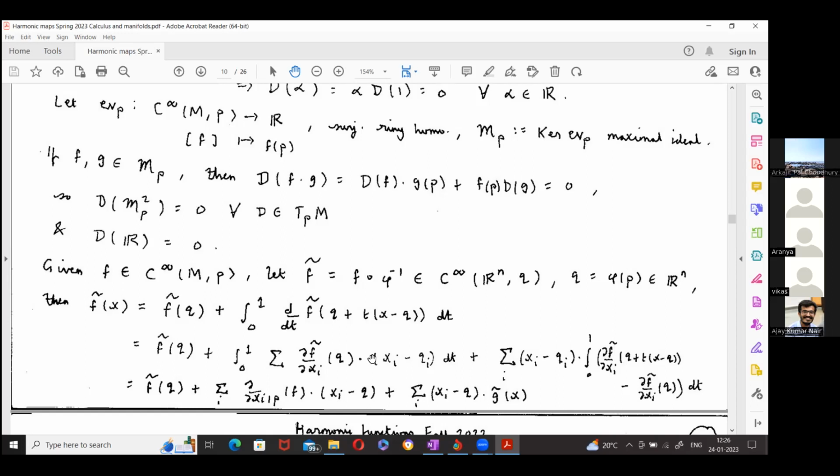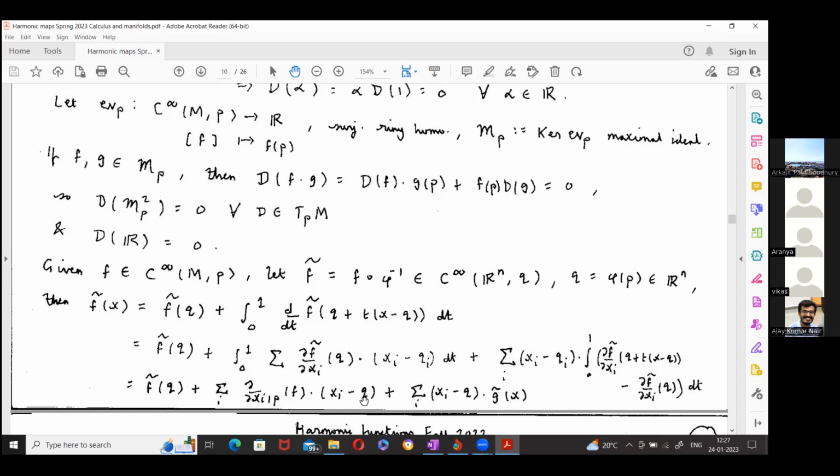Yeah. So now this first term here, this integral doesn't depend on t, so it just becomes this. Okay. And so what is this ∂f̃/∂xi at Q? This by definition is the tangent vector ∂/∂xi at P acting on f, right? That into (xi minus qi).